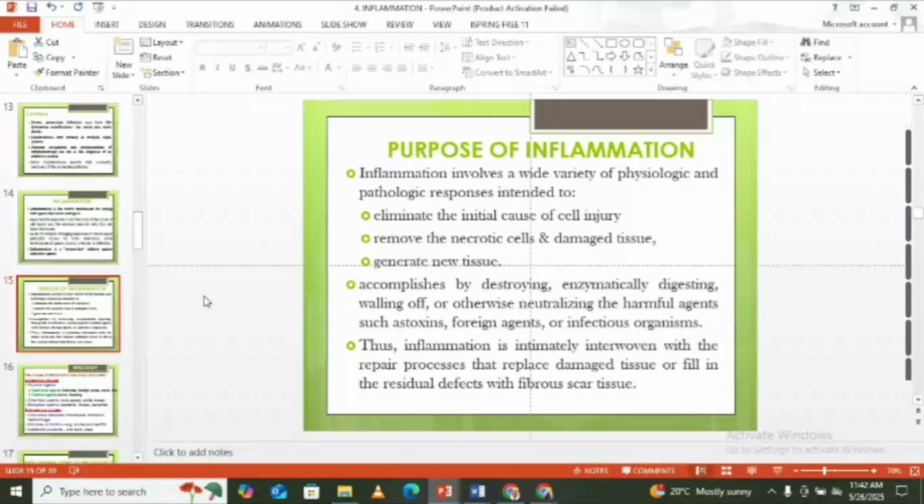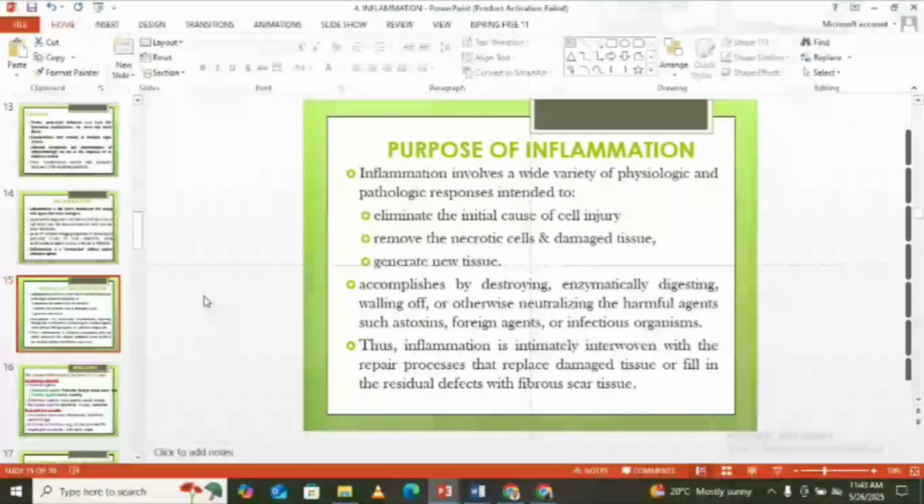So, purposes of inflammation. Usually it has a variety of physiologic and pathologic responses. Usually it's intended to eliminate the initial cause of cell injury, remove the necrotic cells and damaged tissues, and also facilitate the generation of new tissues.